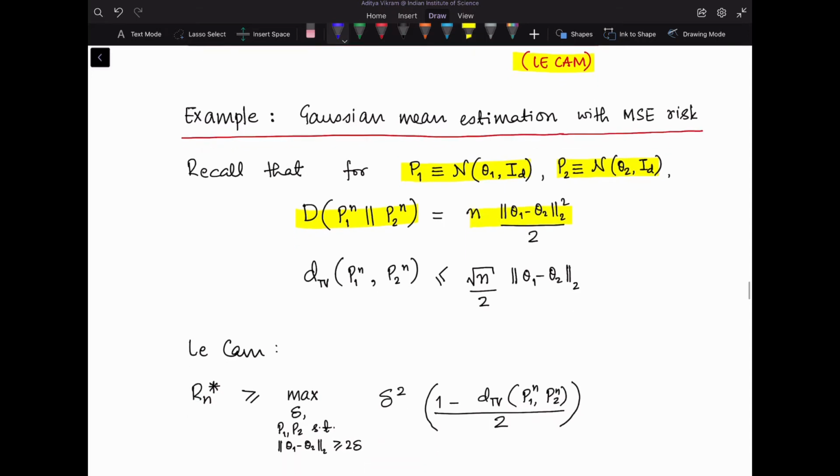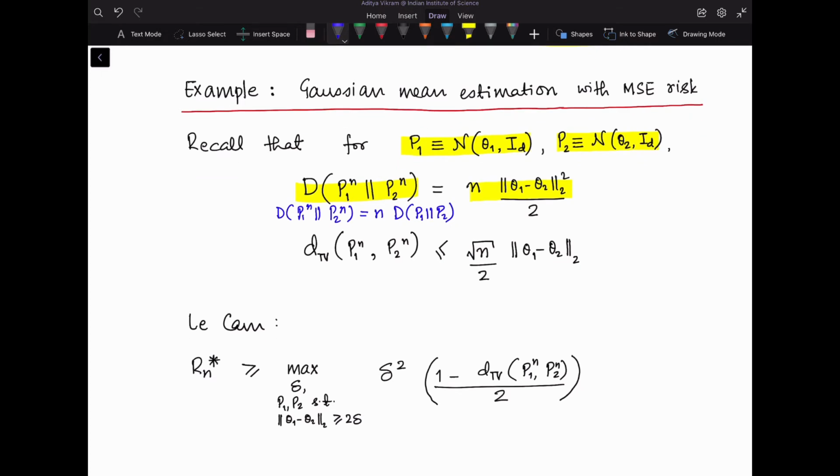So you can just directly compute them, and you can use the fact that the divergence between P1n and P2n is equal to n times the divergence between P1 and P2. This is a special property of the KL divergence, and the divergence between P1 and P2 can be shown to be this. This is basically the square of the Euclidean distance.